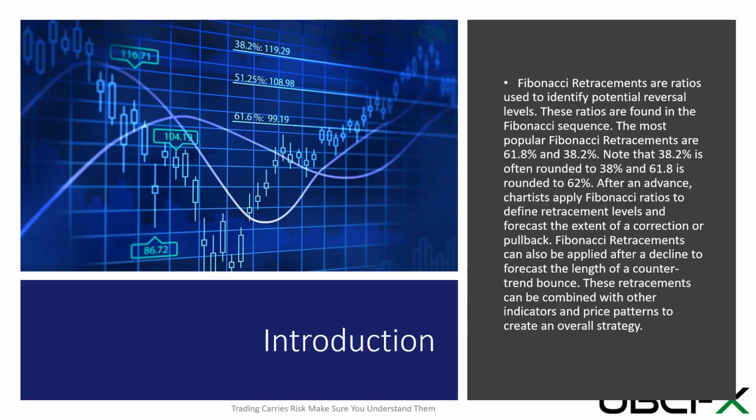So Fibonacci retracements are ratios used to identify potential reversal levels. These ratios are found in the Fibonacci sequence. Okay, now, I don't know how many of you know the history and the background of Fibonacci, and we're not going to go into that deeply at all.